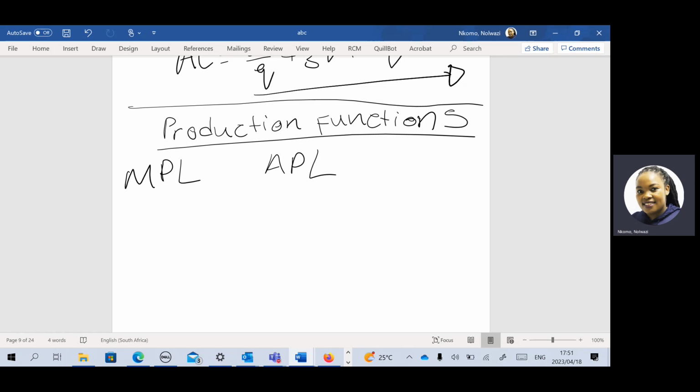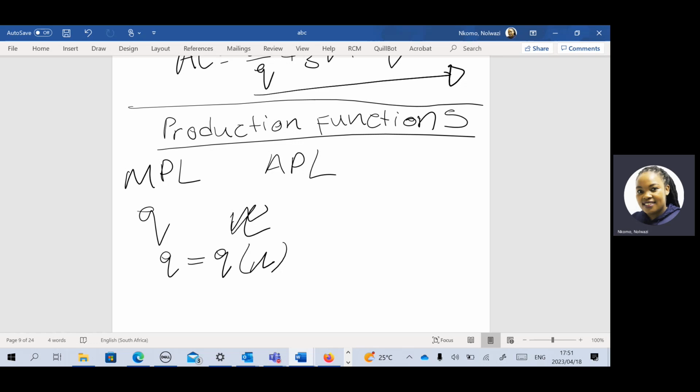Now suppose we are given a labor function Q, which is a function of L. This means we have Q equals Q of L, since Q depends on L, right?